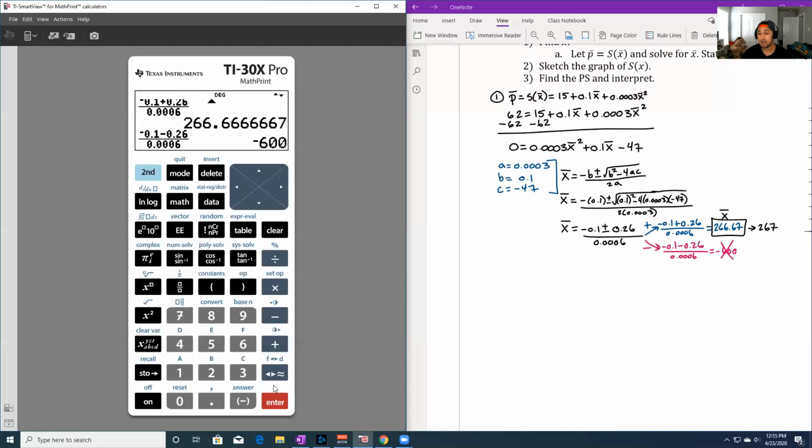Okay, and now, with all this being said, we now have our x bar, p bar. It's going to be 267 and 62. There you go. That's x bar, p bar.